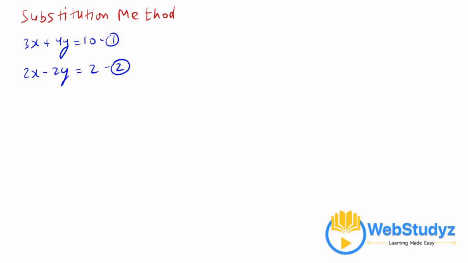Now from the second equation we can write this as x minus y equals to 1 by dividing it by 2. So from here we get x equals to 1 plus y. This is our third equation.